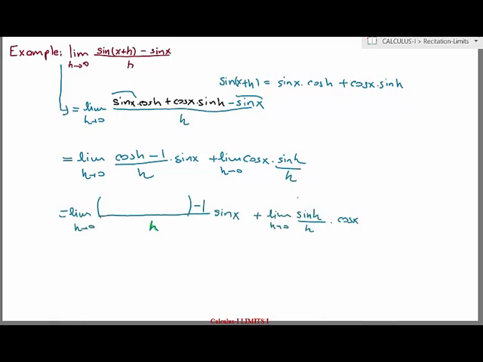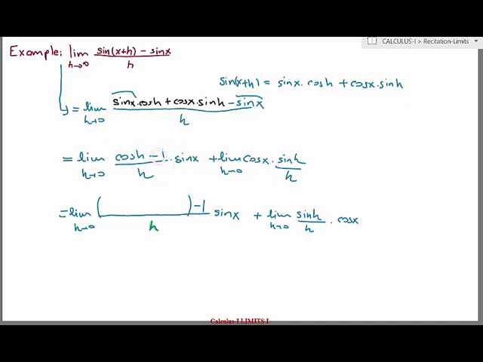We do not have a problem with second term since when h tends to 0, sine h over h is 1 and 1 times cosine x is cosine x. But what about the first term?